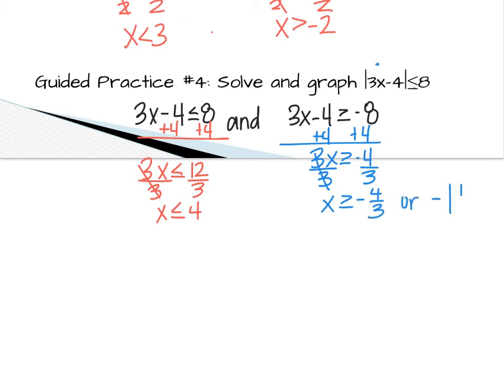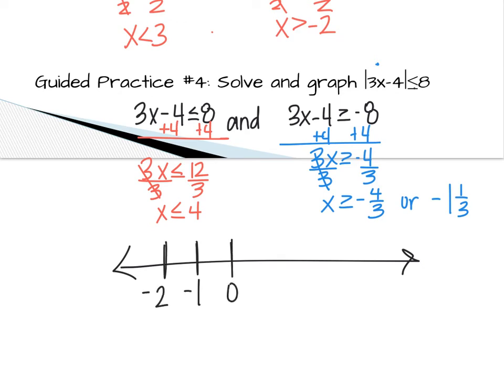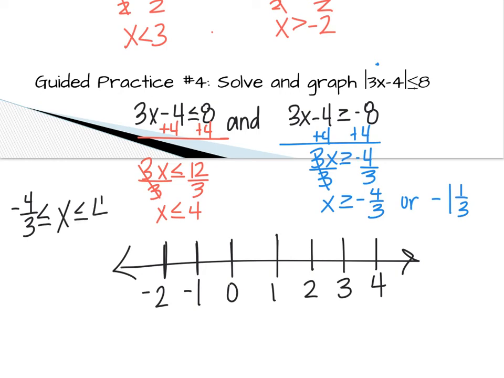That's negative 1 1/3, if anybody likes the improper fractions. So when we do our number line, we're going to go negative 1, negative 2, because we have to do the 1 1/3. Alright, this is an and, so my lower number is going to go on the left: negative 4/3 less than or equal to x less than or equal to 4.